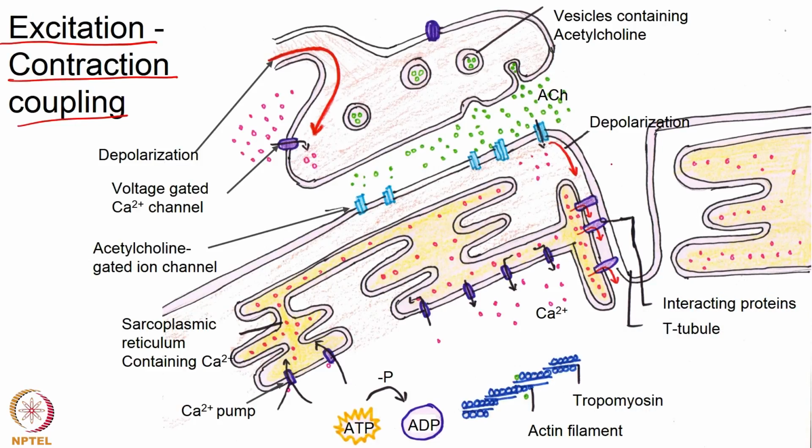Depolarization, or the wave of depolarization that starts in the muscle cell, travels along the membrane of the muscle cell as it would in any other excitable cell. How does that travel?